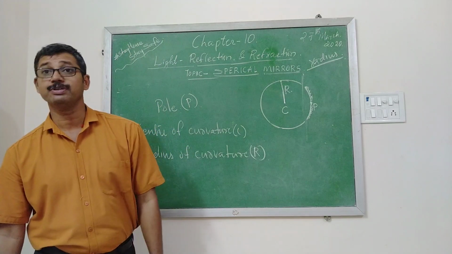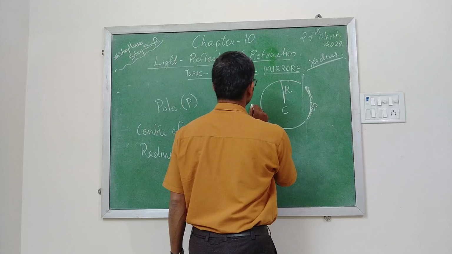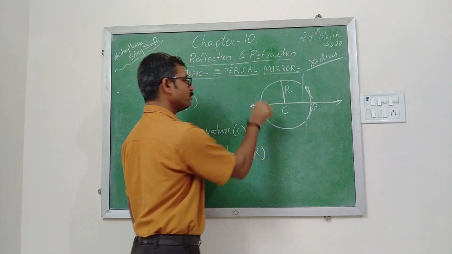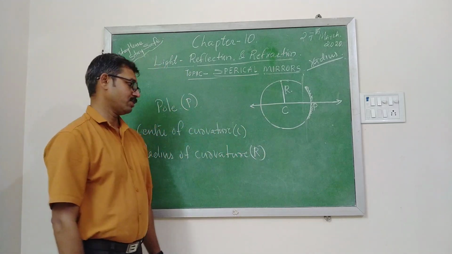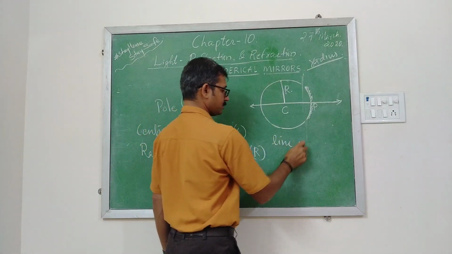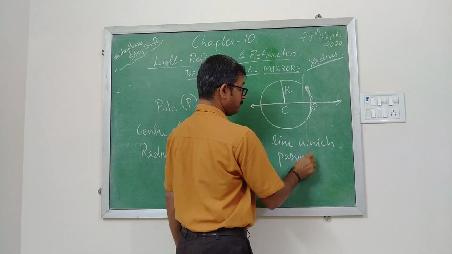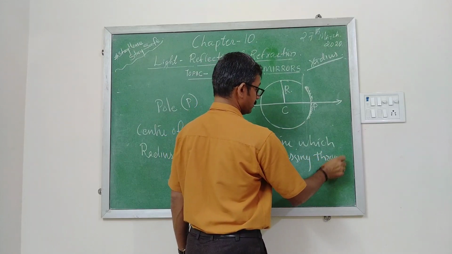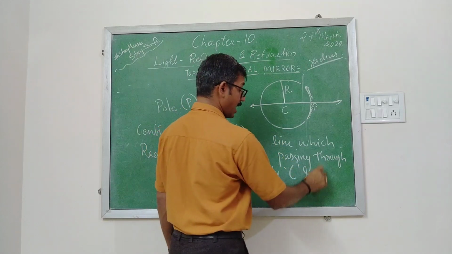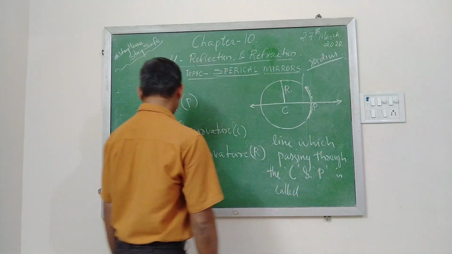Look, here the line which is passing through the center of curvature and the pole is called what?